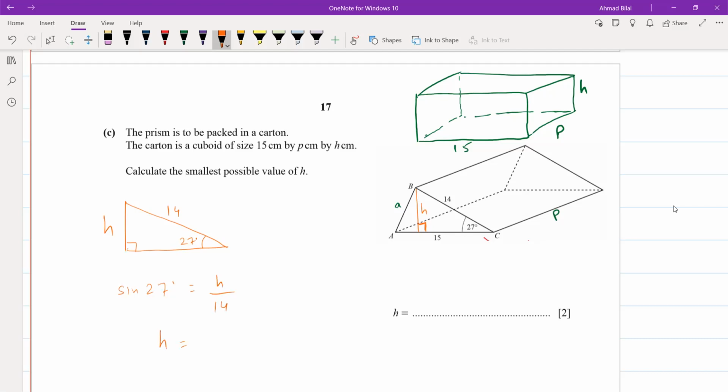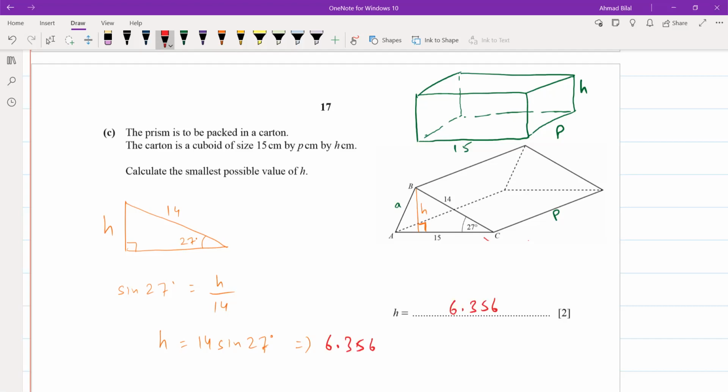That's 14 times sine 27. You can see what that turns out to be. So 6.356. That is the smallest possible value of h.